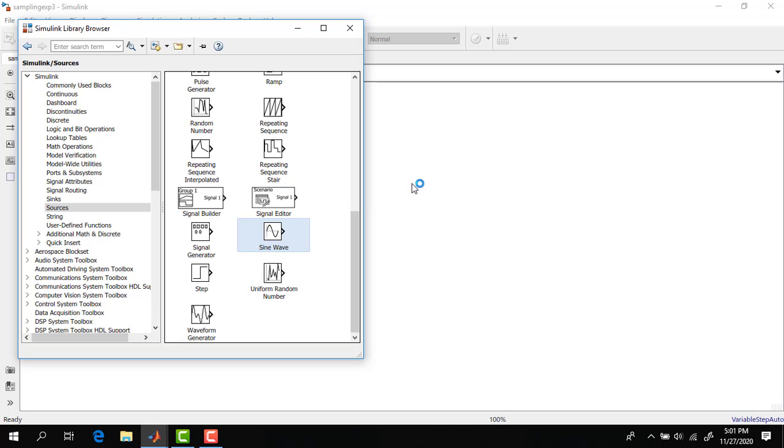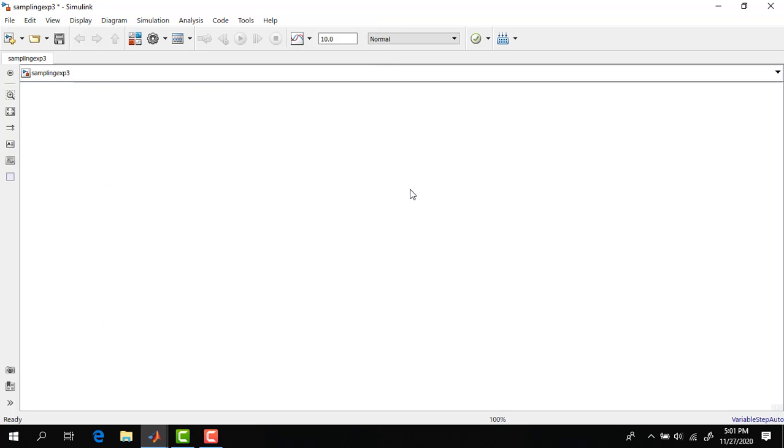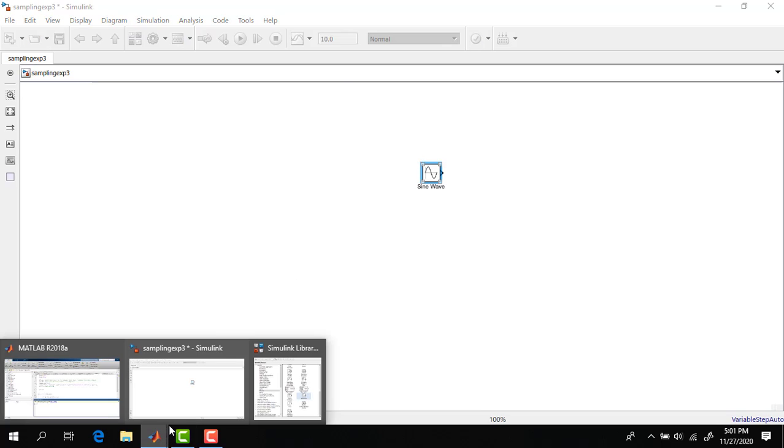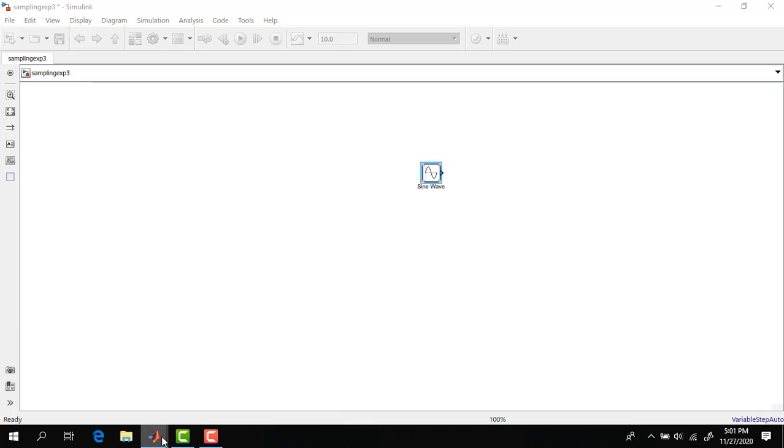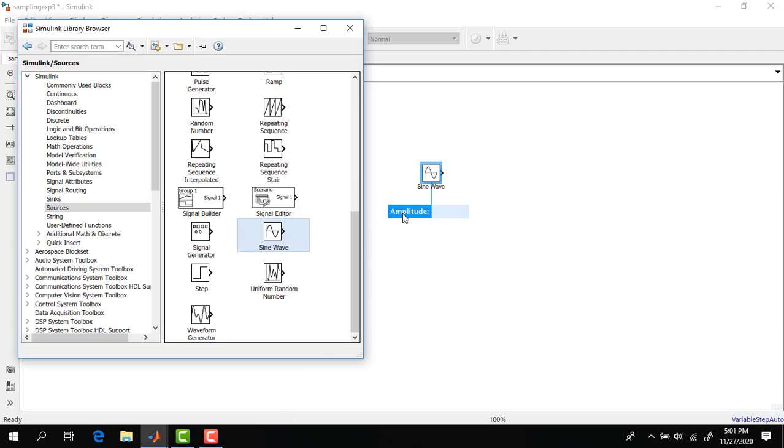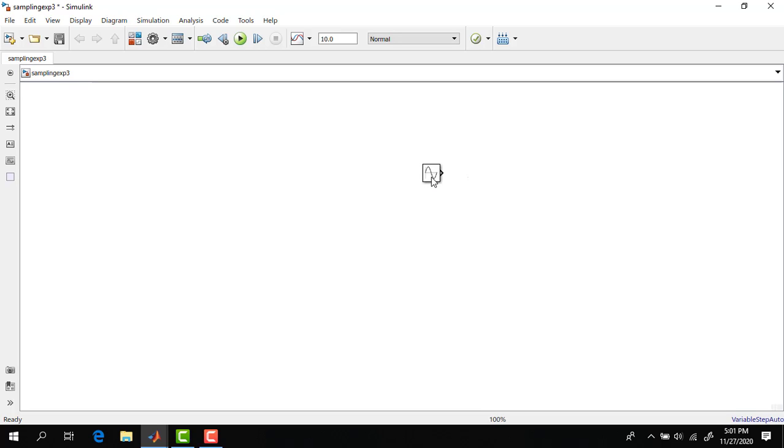It will take some time. Okay, so our sine source is already here. So let's get back to the library browser. Okay, so we will just set the parameters later. So don't just leave it as it is. Just maybe we can drag it here.